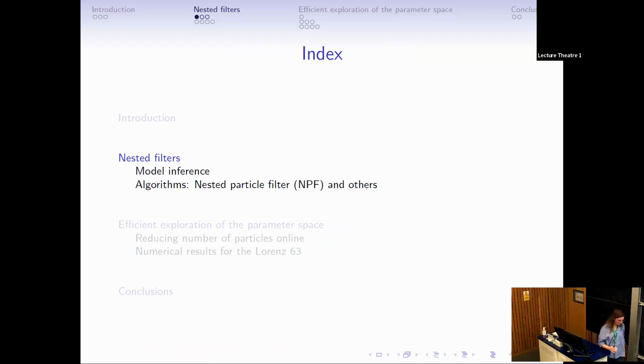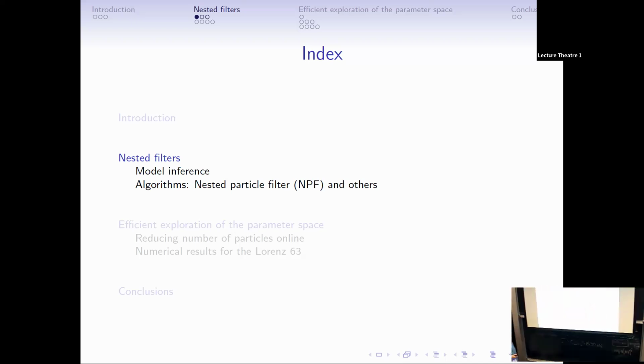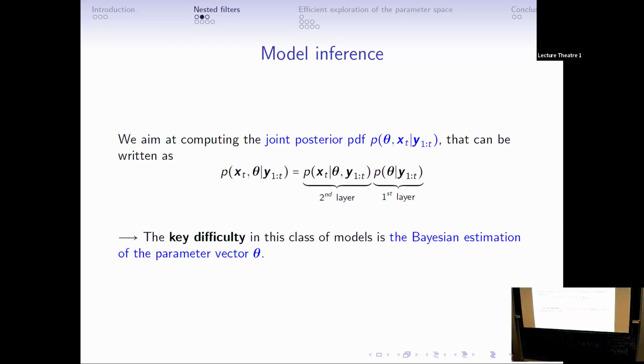Now I want to explain in a little more detail this framework of the NPF, and then I'll explain how to implement it. I'll show first how we apply this divide and conquer approach to estimate the joint posterior.